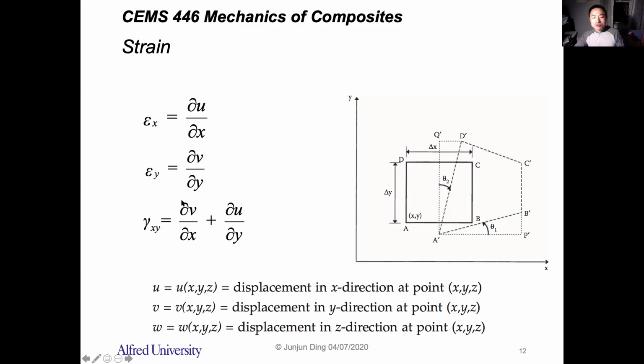Okay, so that is calculated based on the partial derivative of v over x, this is a deformation in the y-axis actually, plus partial derivative of u over y. Okay, so this is the fundamental for the calculation of the strain.